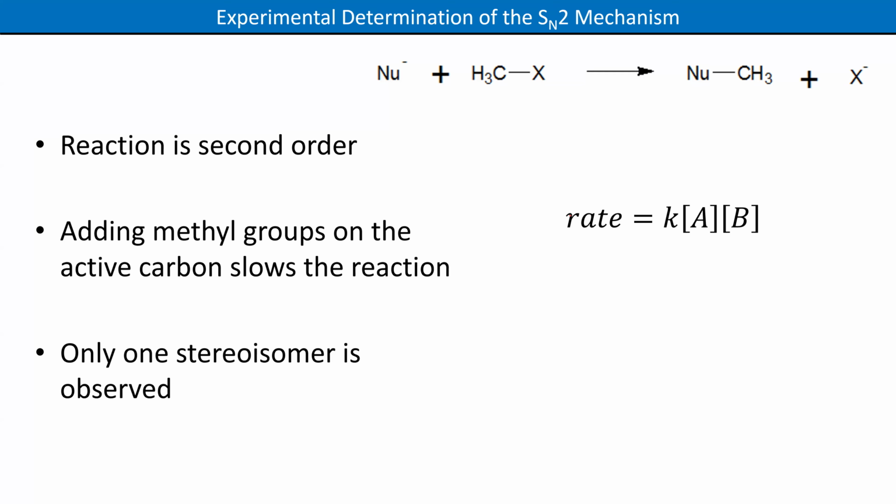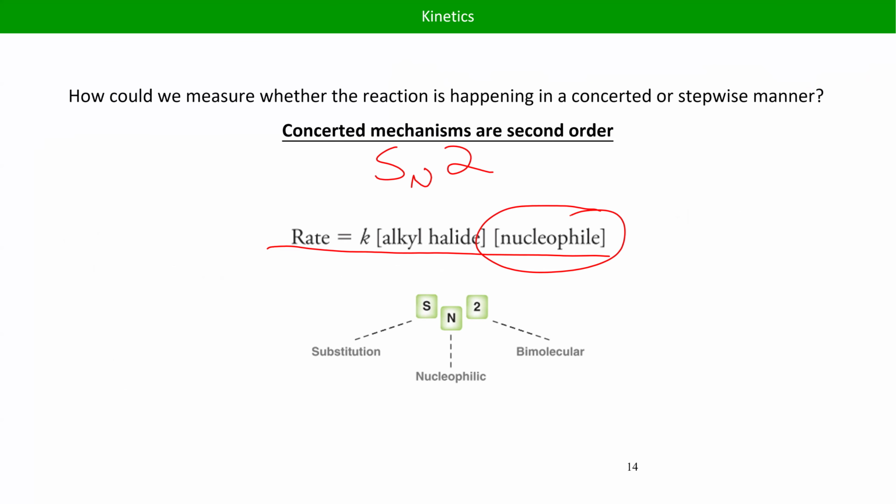And you get a baseline reaction time, and then you change your nucleophile concentration. If the nucleophile is changed and the rate does not change, that means it can't be part of this rate law, making it stepwise or concerted? Stepwise.